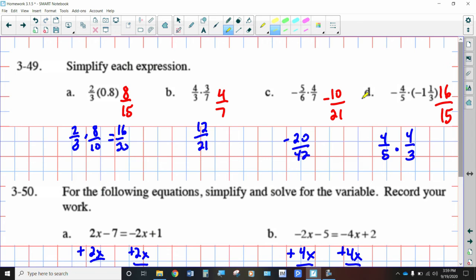All right, I cannot stress enough how important it is every time we see problems like this where we're doing multiplication with fractions or mixed numbers, that you practice to make sure you're understanding how all of this works. In the case of problem A, I never recommend multiplying a fraction times a decimal number. So either change them both to decimals or change them both to fractions. But you don't want to change it to a decimal number that has a repeating decimal.